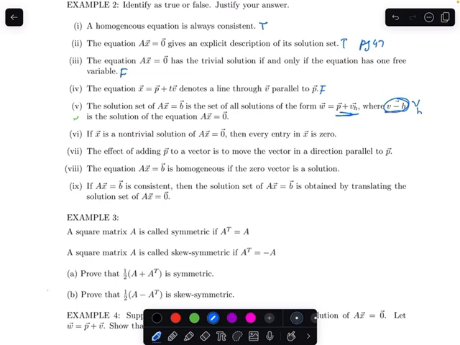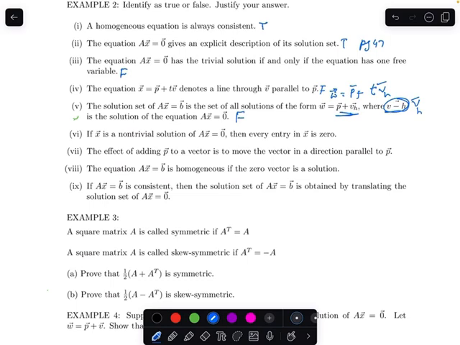They didn't mention any t here; this is a typo. So this is not correct, because it should have been w is equal to p plus t vh. That's the mistake, so it is false.